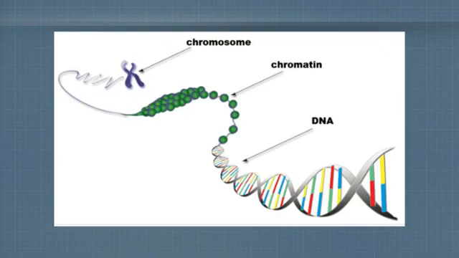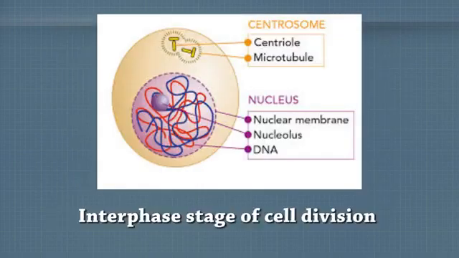The network of fibers that take up the stain in the presence of acetocarmine or basic fuchsin is called the chromatin network. At the interphase stage, chromosomes are relaxed and diffused. Such chromosomes emerge as a network of fine chromosomal fibers.